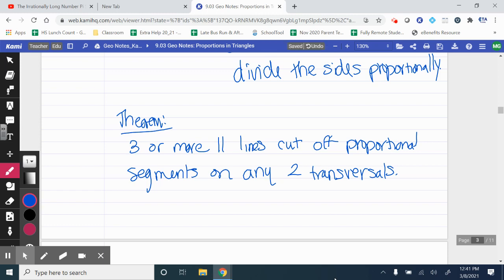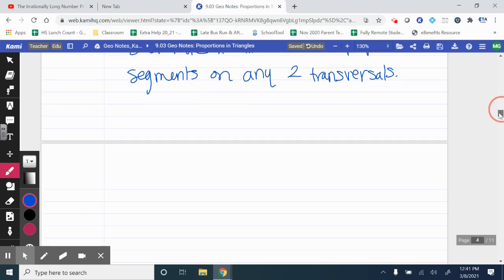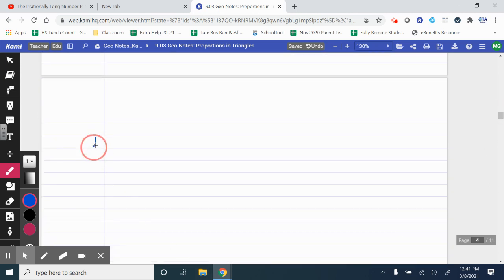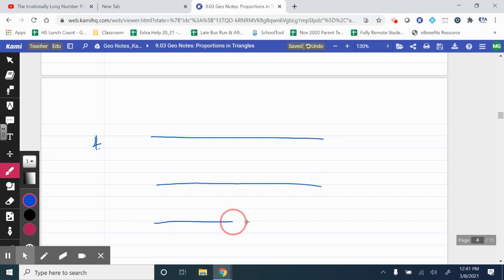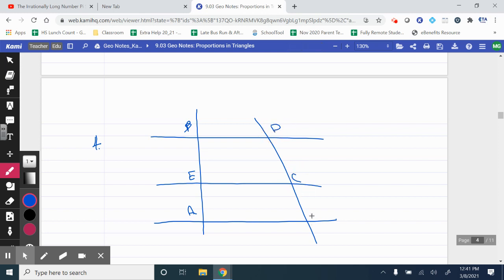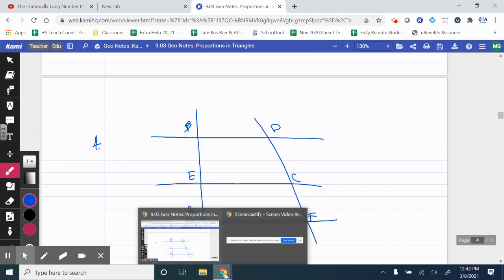So if I take, so this is number 4, if I know these are parallel to each other, and we'll call this B, E, and A, and here we have D, C, and F.